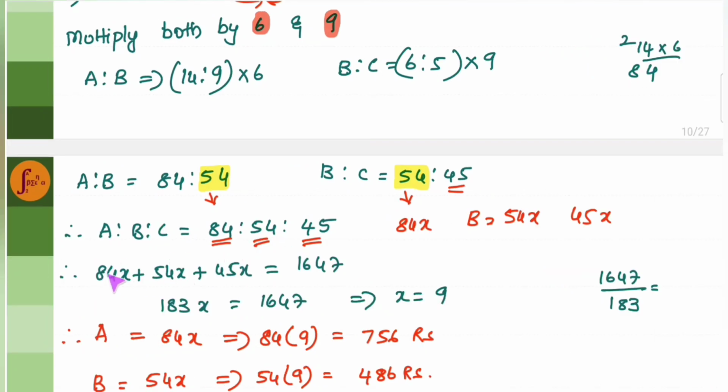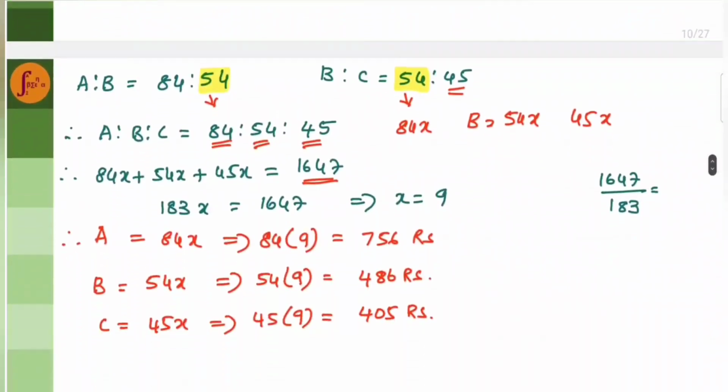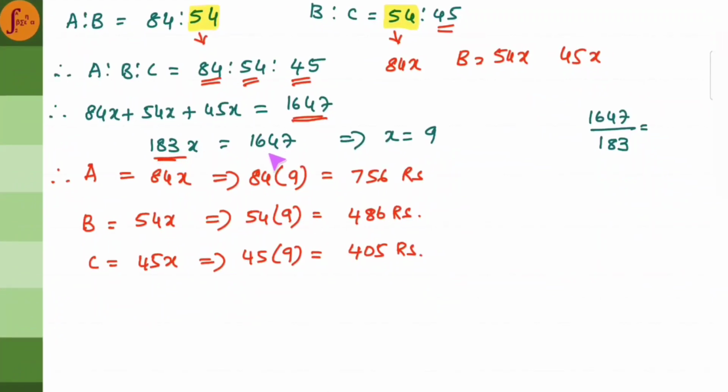When you add up all these parts, you're going to get 1647, because the total amount to be distributed into 3 parts is 1647. 183x is equal to 1647. So you'll get the value of x, and then A is equal to 84x. So we multiply with x here, we get A. Similarly, we get part B and part C.